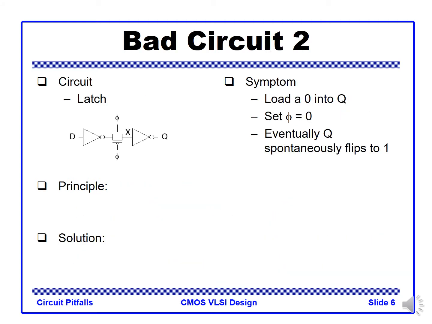This is another example of a latch design. You may use the dynamic circuit technique so that the value you want to store is held on the parasitic capacitance on the internal node X. But you may have a problem with this kind of symptom.